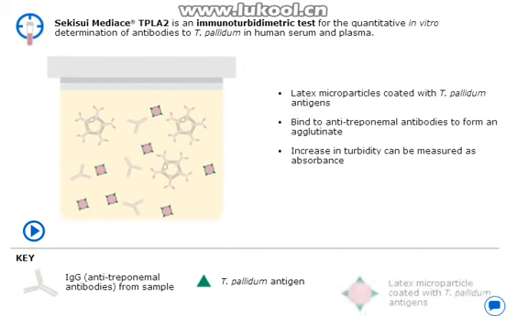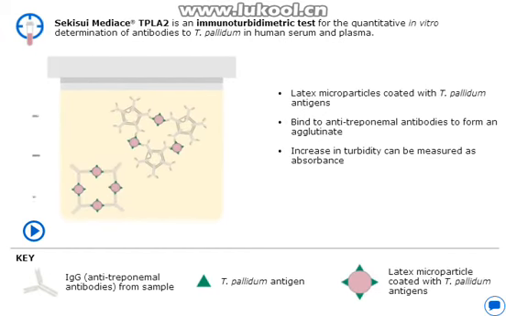Latex microparticles coated with antigen derived from T. pallidum react to antitreponemal antibodies in the sample to form an agglutinate. This agglutination results in an increase in turbidity which can be measured as absorbance at 700 nanometers.